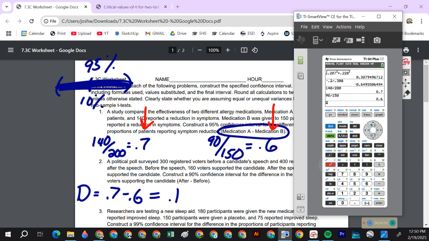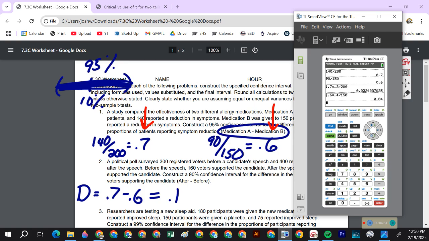It's the square root of 0.7 times 0.3 divided by 200. And we get 3%. Okay? And then the square root of 0.6 times 0.4 divided by 150. You guys remember that back from chapter 4?